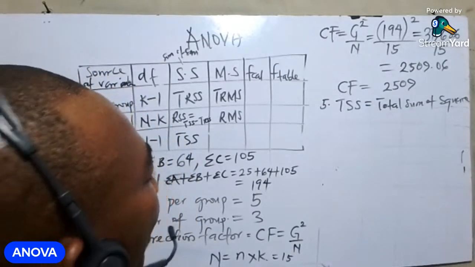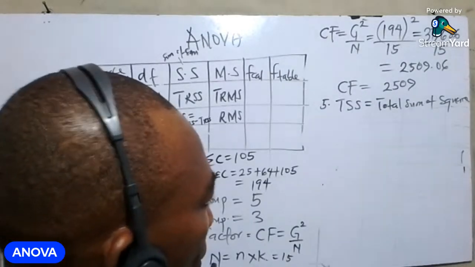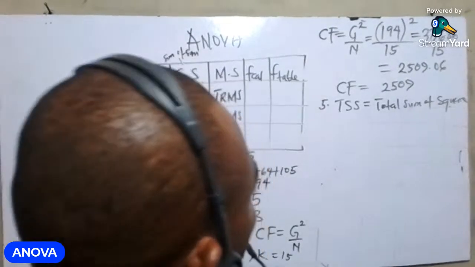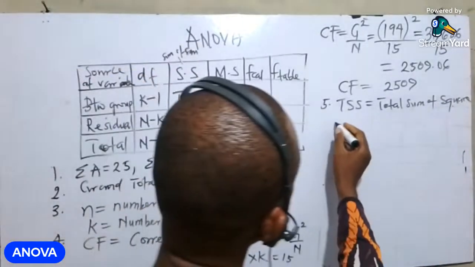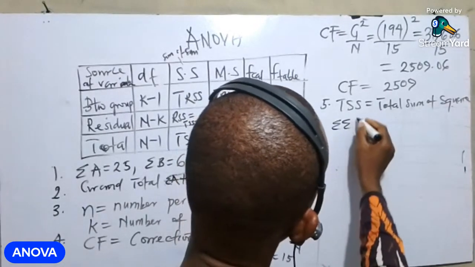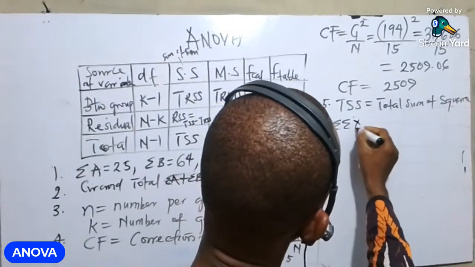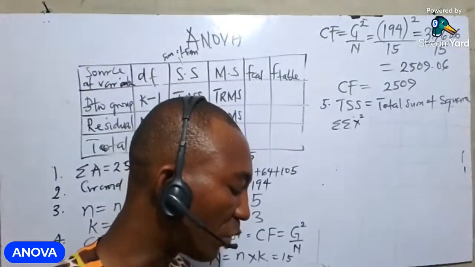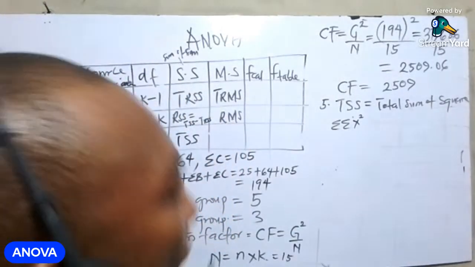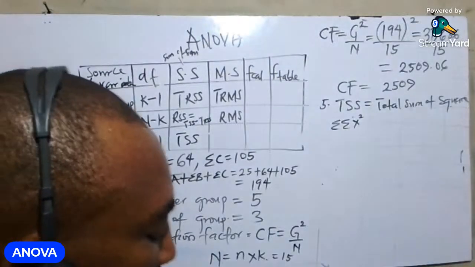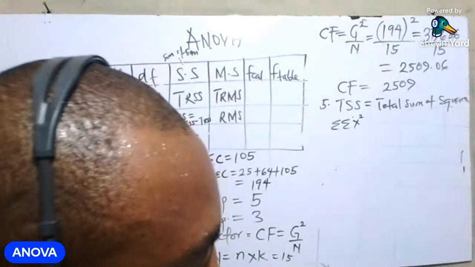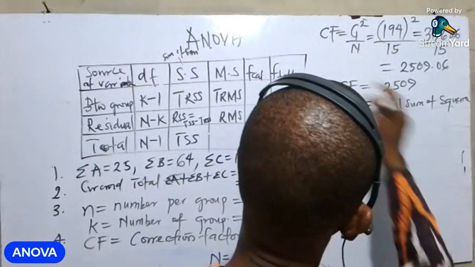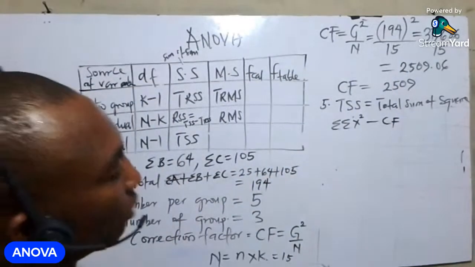So we have to still make reference to that table. Our TSS is the summation of x squared minus the correction factor.